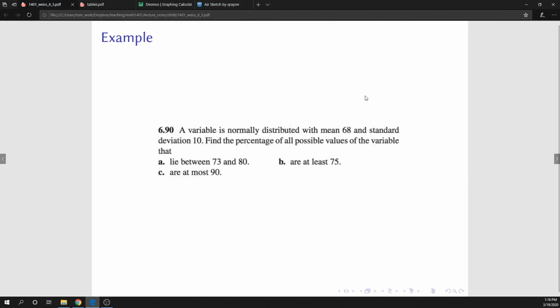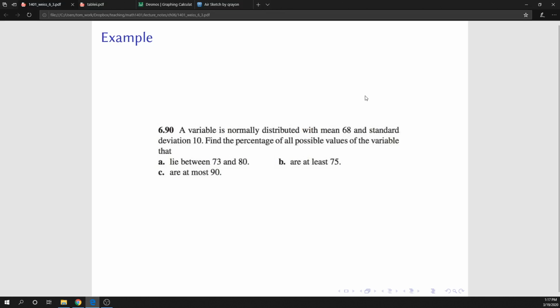This is problem 6.90 from our book. A variable is normally distributed with mean 68 and standard deviation 10. Let me write that down so I can refer back to it.